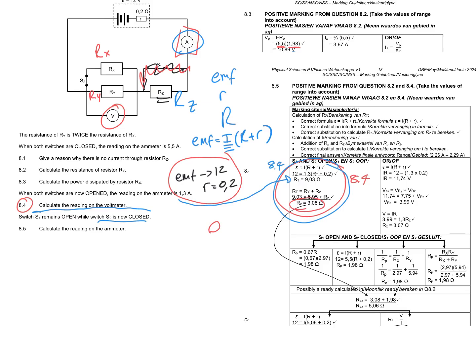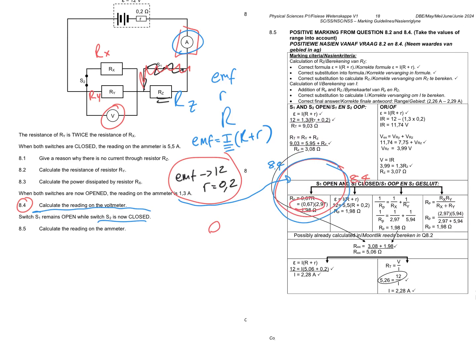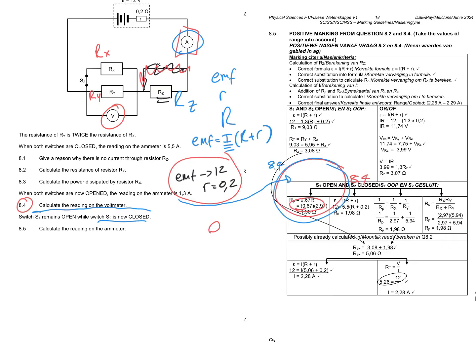And then once you have the resistance of RZ, you can use the EMF formula again and solve for the current. So you see here we don't know the current and the resistance number is different. The resistance number is the one that we had previously plus the answer to RZ, which we got here.